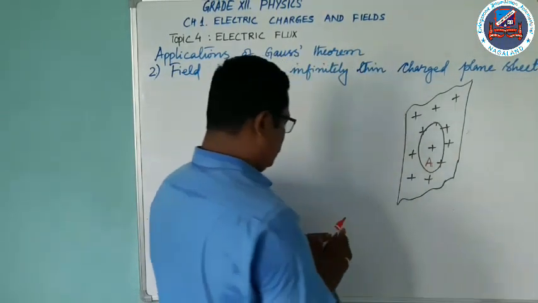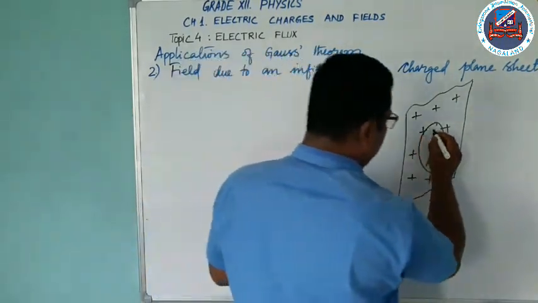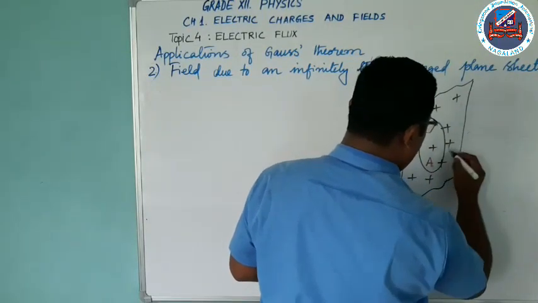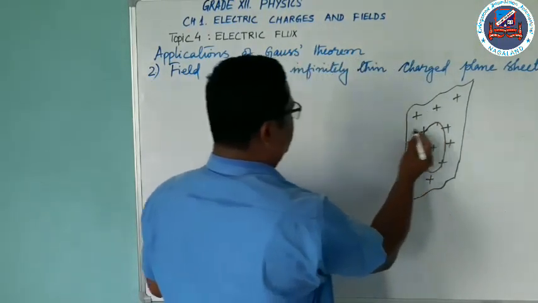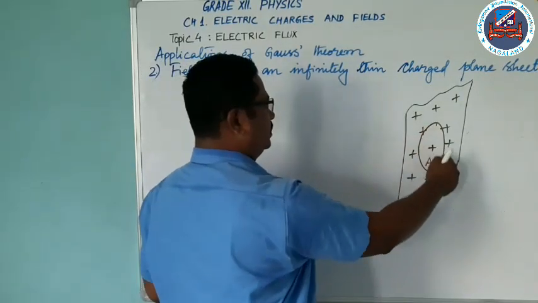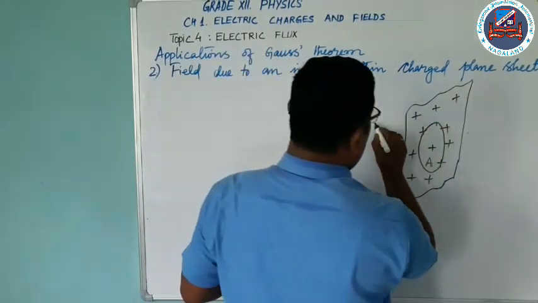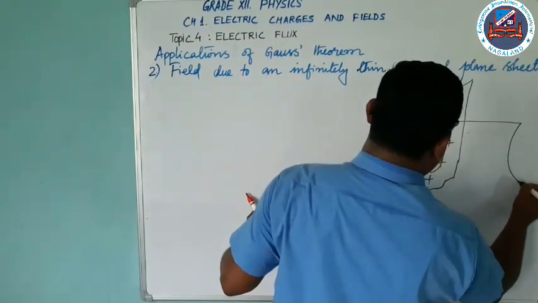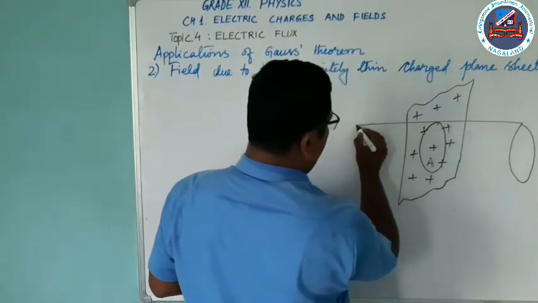In this case also, the electric field lines will be pointing towards the right as well as towards the left. So if you choose the circular cross section like this, the Gaussian surface will be a cylinder here as well.